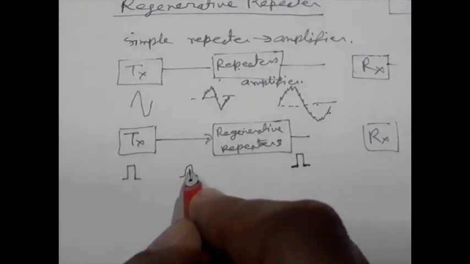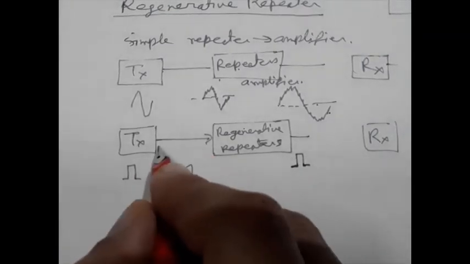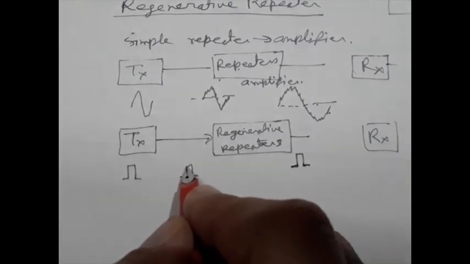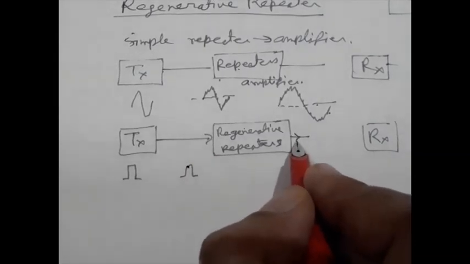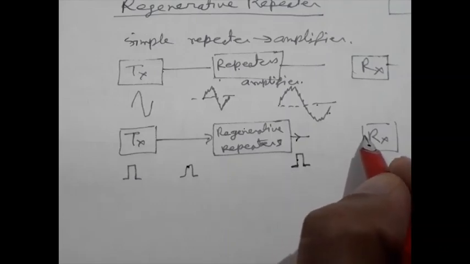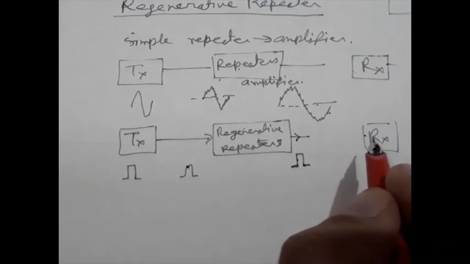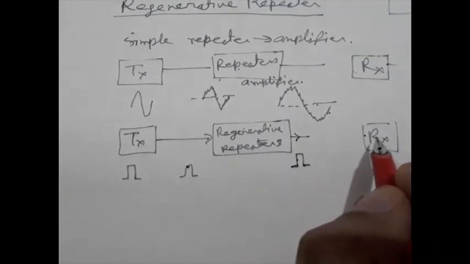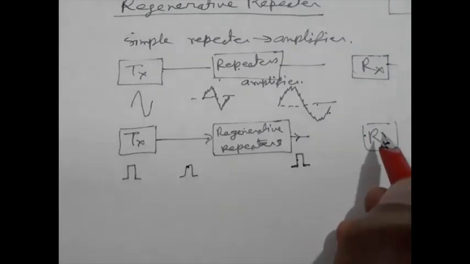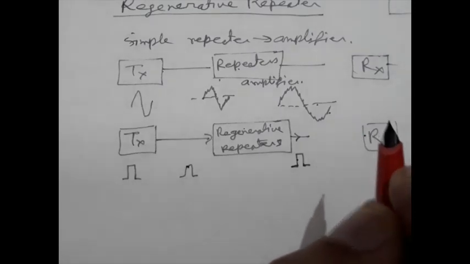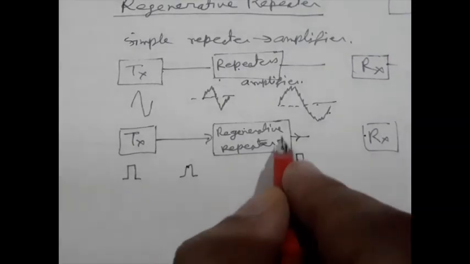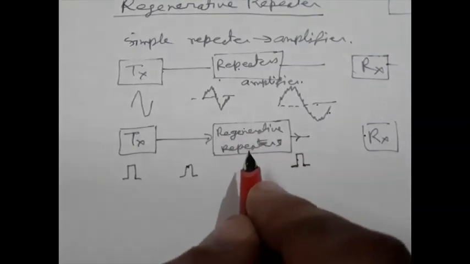That means if there is noise present in the signal along this path, that noise will be eliminated at the output. So at the receiver we will get a very clean pulse. That means noise will be almost eliminated from the original signal. This is the job of the regenerative repeater.